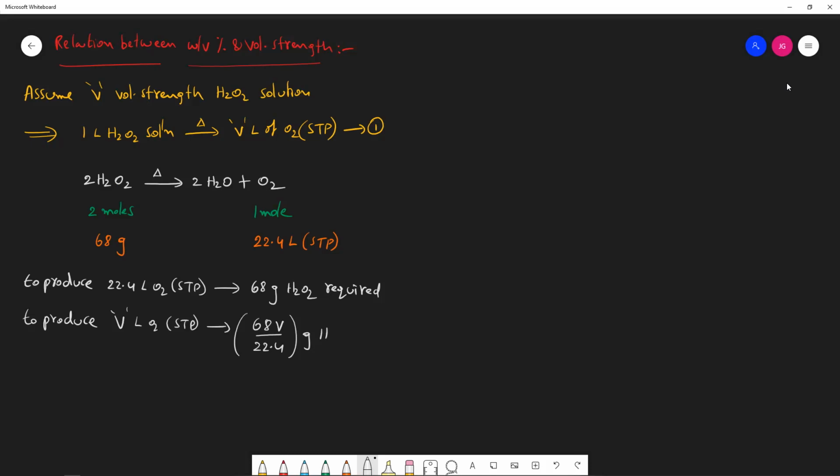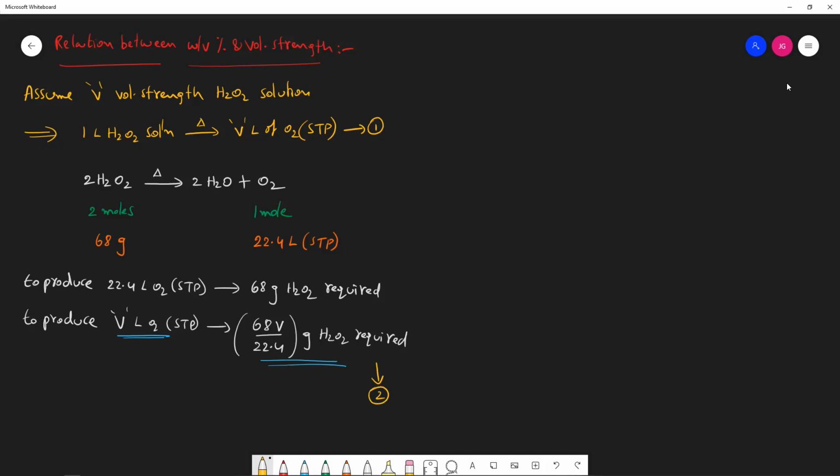So this many grams of H2O2 is required. Am I right? So now we got an important conclusion here, that is to produce V liter of oxygen, this much mass of H2O2 is to be taken. So let it be equation 2.